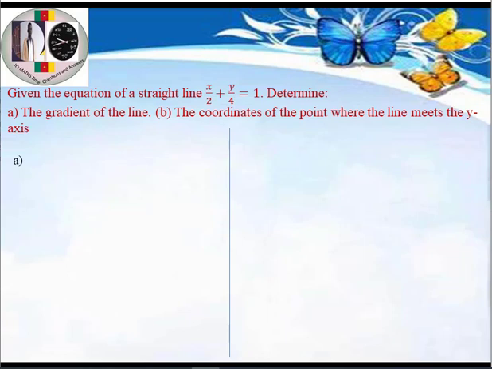So to handle such a problem, we need to first of all change that equation of a line to the standard equation of a line, y = mx + c.